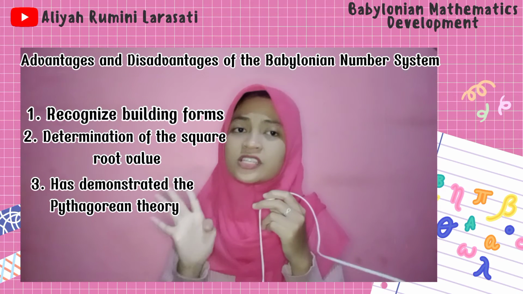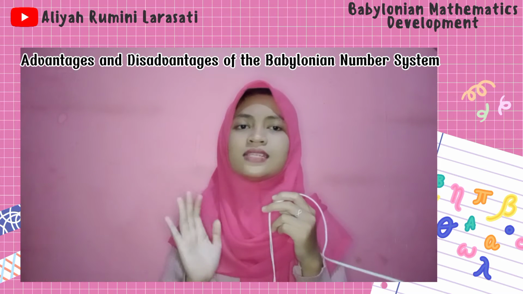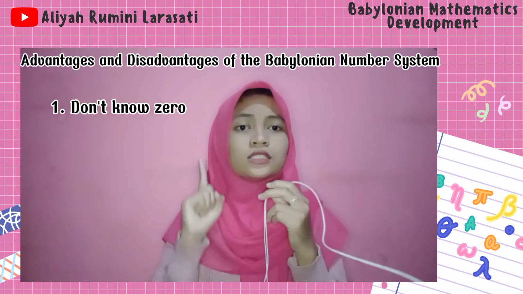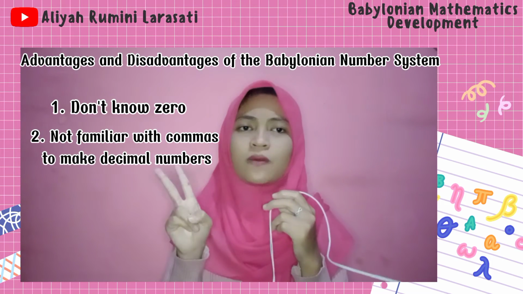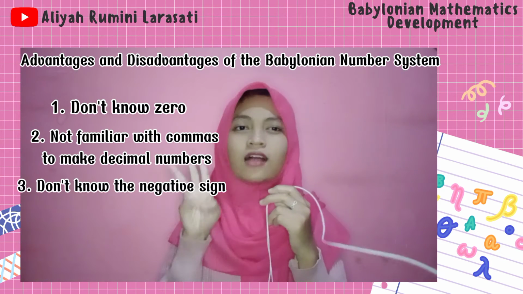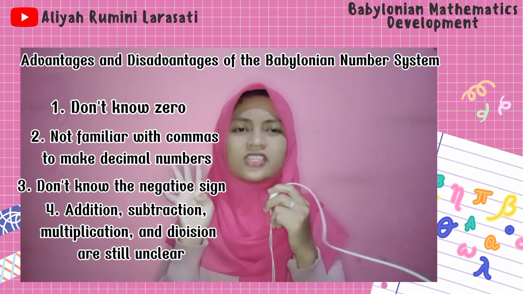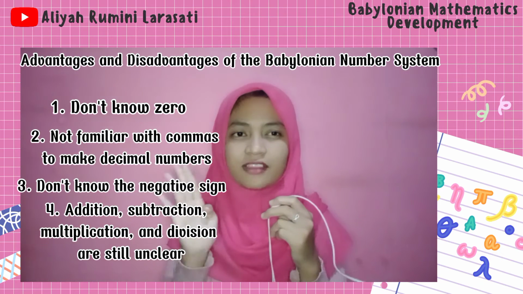And the last one, measuring area and volume. And then the disadvantages of the Babylonian number system. First, they did not know zero. Second, they were not familiar with commas to make decimal numbers. Third, they did not know the negative sign. Fourth, addition, subtraction, multiplication, and division are still unclear.